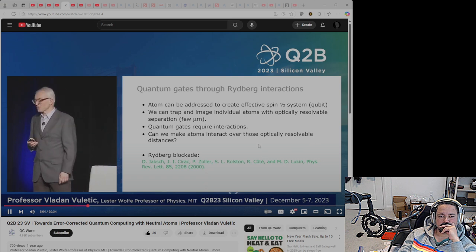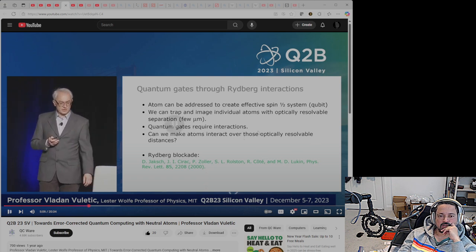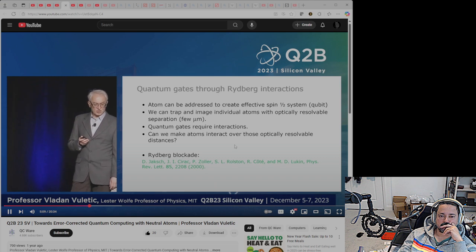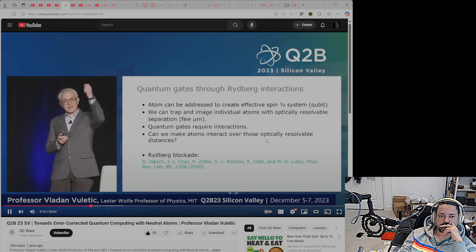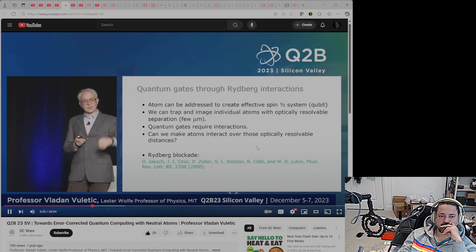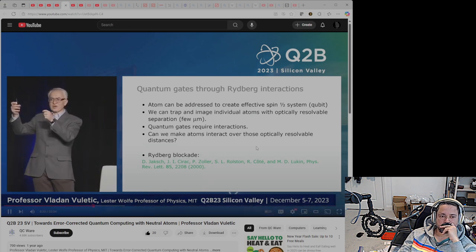So remarkably, also about 23 years ago, there was a theory paper led by Peter Zoller, Misha Lukin, and others, where they pointed out that if you propelled atoms to very high-lying states, so-called Rydberg states, think of your hydrogen atom with an excited state principal number 100, then the electron is very, very far away from the nucleus.